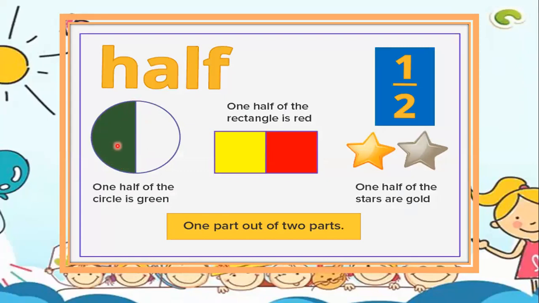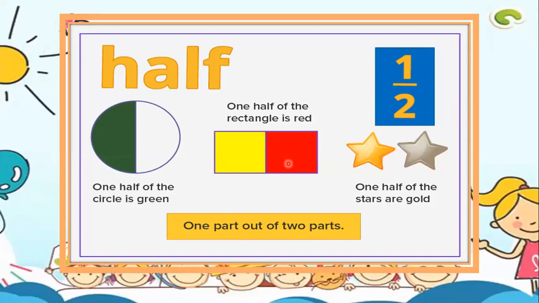Total parts are 2. Here in the denominator we have written 2, and one half of the circle is green. The shaded part is green, and this is one part of this whole. So we have written 1 on the numerator place, and 2, the total parts, on the denominator place.